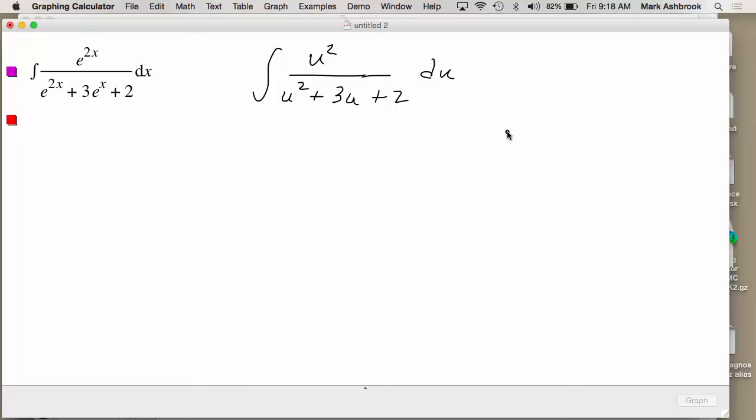Do you see how similar those are? What is u that makes those two integrals equal? e to the x, right?